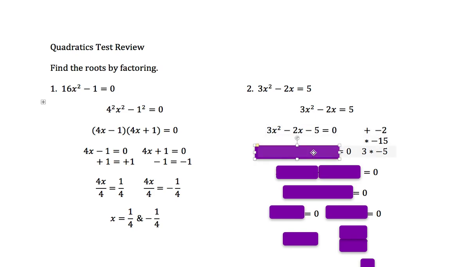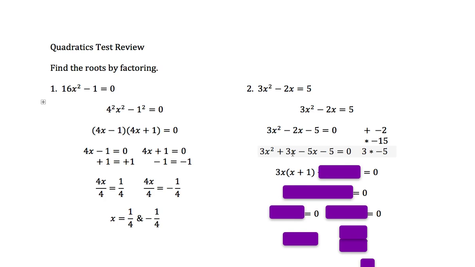So when we are writing our 4 terms, we get 3x squared plus 3x minus 5x minus 5 is equal to 0. Now we can go ahead and separate those 4 terms into 2 different groups. And we're going to factor out our greatest common factor.